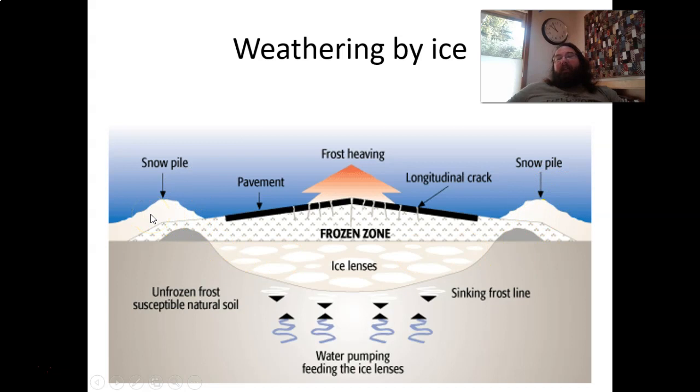Now, if you know anything about igloos, snow is a wonderful insulator. And so there's a little bit of geothermal heat coming out of the ground, and that insulation provided by snow will actually cause the base of the snow to melt. And you get water percolating into that upper layer of soil and gravel beneath the roadbed.